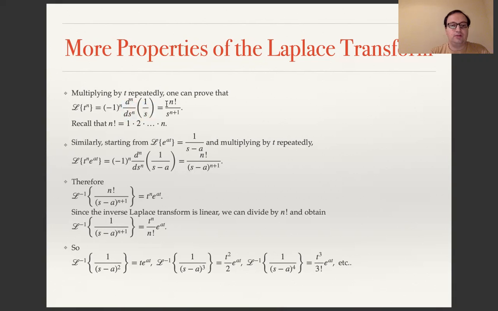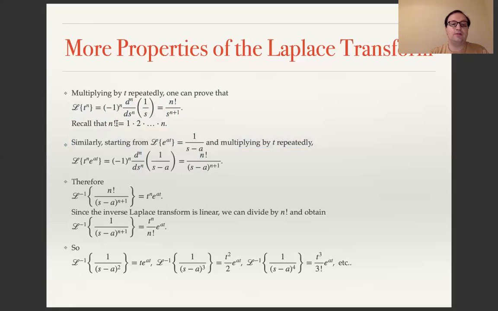If we take the derivative of 1 over s n times, we would get n factorial over s to the n plus 1, with a plus or minus sign depending on whether n is odd or even. So actually it's minus 1 to the n times n factorial over s to the n plus 1. And the minus 1 to the n times minus 1 to the n in front gives us 1. And then we are left with n factorial over s to the n plus 1.